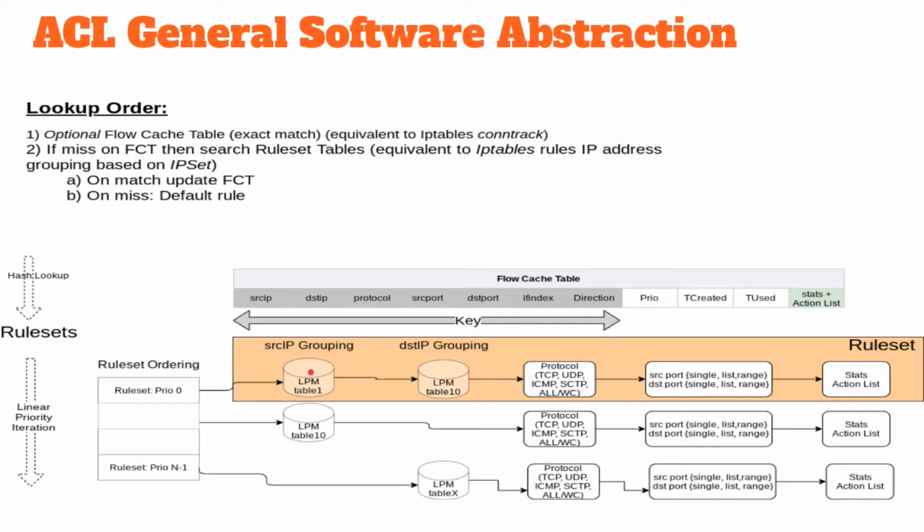So you can insert as many prefixes as you want there. That's how we grouped IP addresses, grouping source IPs and destination addresses, protocols, and source and destination ports as well. It could be a list of ports, ranges of ports, typically pointing to some application, and of course some basic action like drop or accept, and we collect statistics as well.